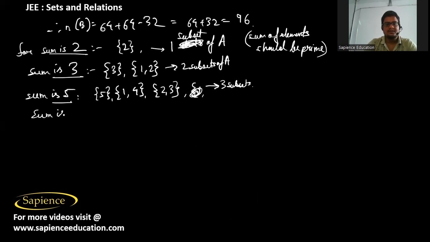And then the sum is 7. So how can we get 7? We can take only 7, or we can take 2 and 5, or we can take 3 and 4, or we can take 1 and 6.